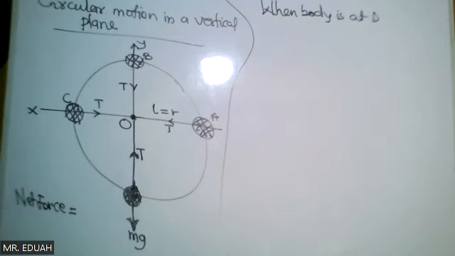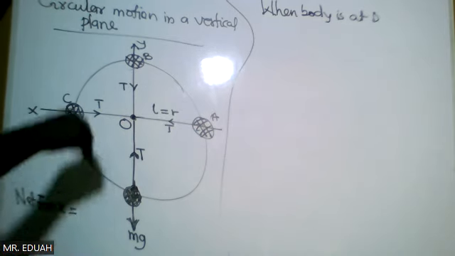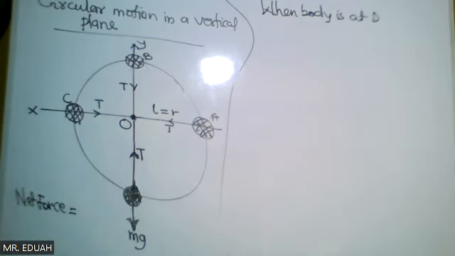If net force is 0, the body cannot be in circular motion, because once the body is in circular motion, there must be a net force causing the circular motion of the body.